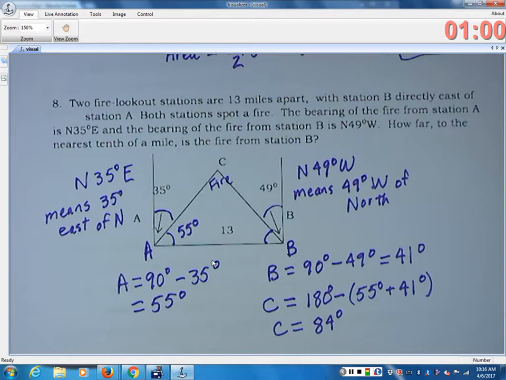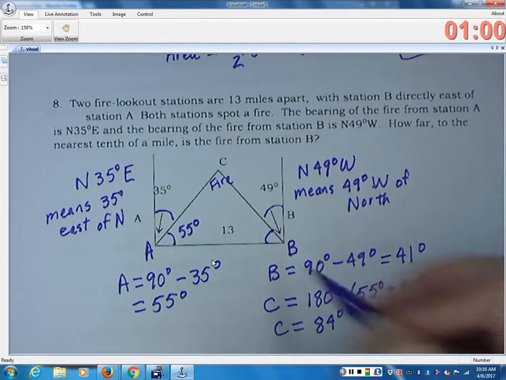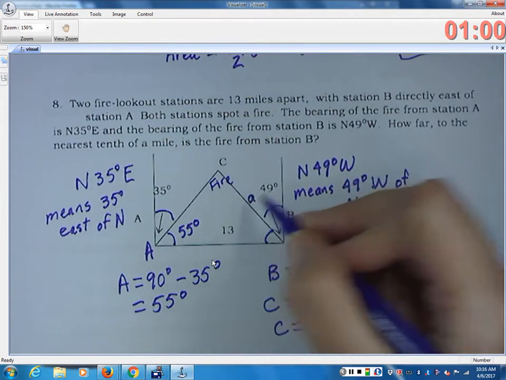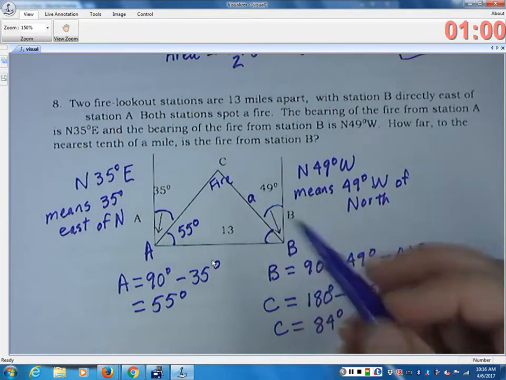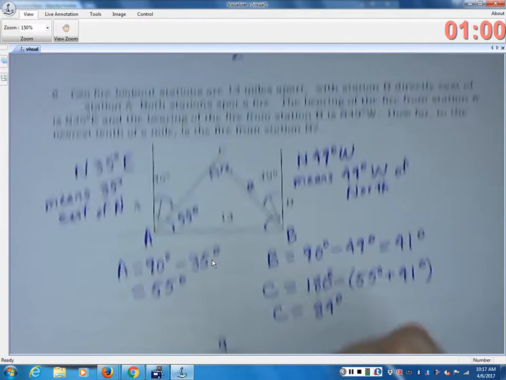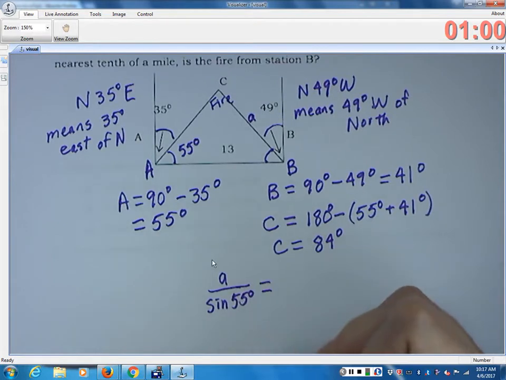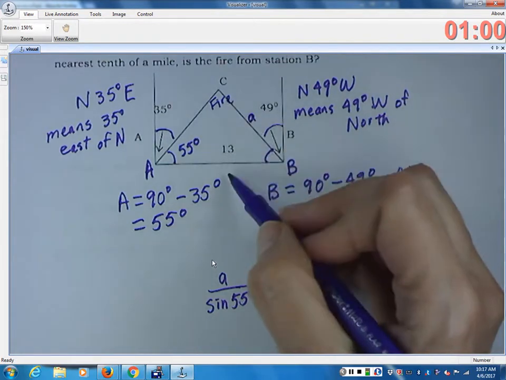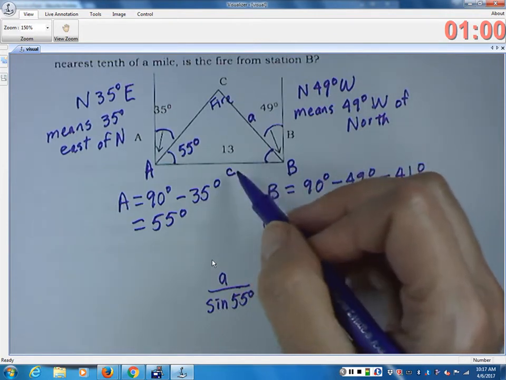All right, so now they want to know how far is the fire from station B? Well, that's side A. We want to find side A. So A over sine of A, which is 55 degrees, equals, we get to pick, I guess. We know C is 13. Okay.